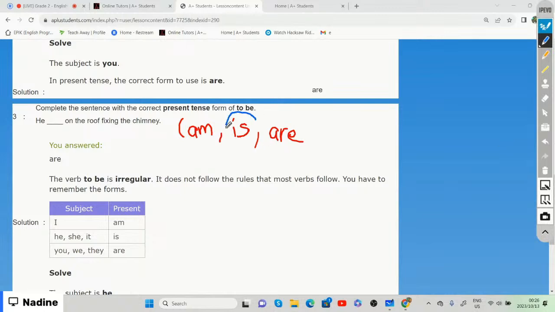Because remember we said if we are referring to one person, right? The subject is referring to one person only. And then we use the form of to be is. So we use is. Is refers to one person or thing doing something.